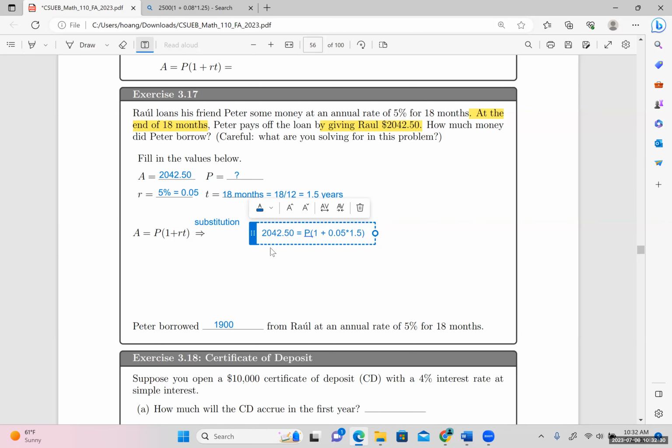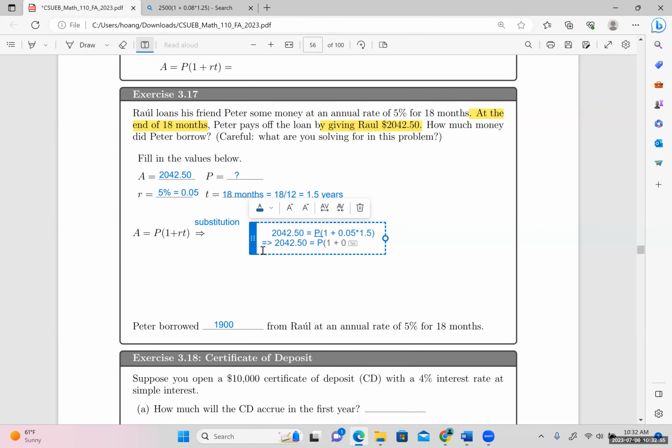Maybe we'll simplify a little bit. So we have 2042.50 equal to P times the inside, 1 plus 0.05 times 1.5.